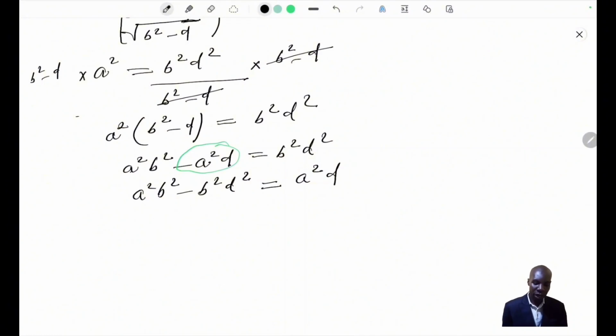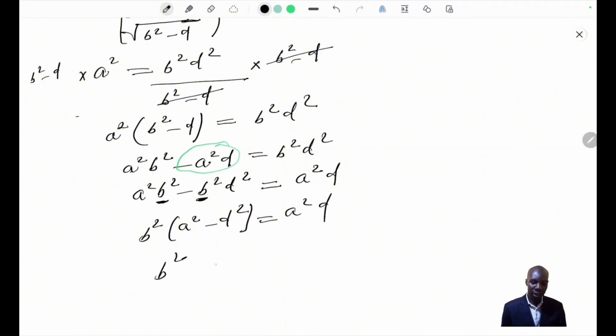Then the common factor is B squared. So we'll have B squared in bracket A squared minus D squared equals A squared D, like that.